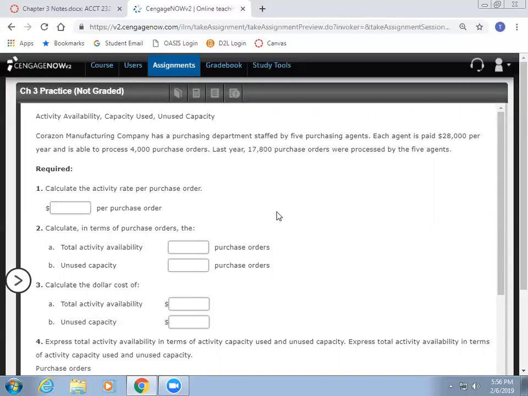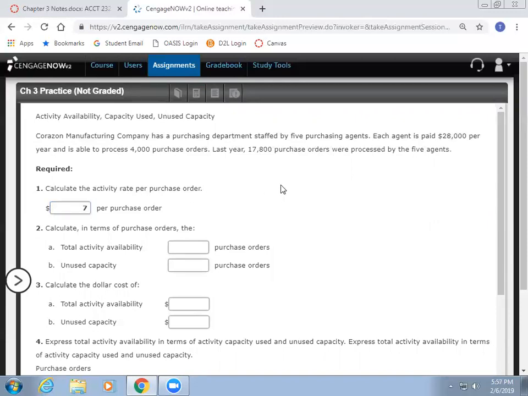So it wants us to calculate the activity rate per purchase order. So how much on average, if they're paid $28,000 per year and can process 4,000 purchase orders, what's the cost per purchase order? $7.